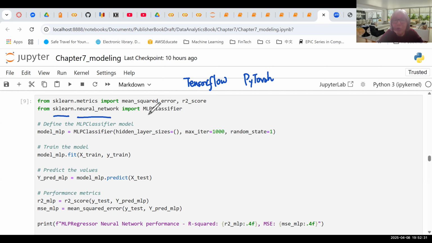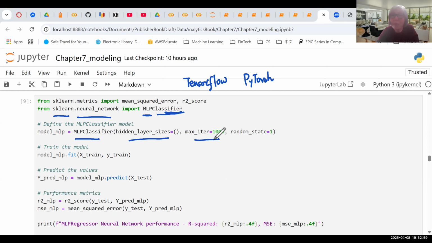For this case, we use the multi-layer perceptron. So you import the multi-layer perceptron for classification. If you recall last class, it's a different one for regression, the regressor. With that, we define this neural network model. For the hidden layer size, we just take the default one.